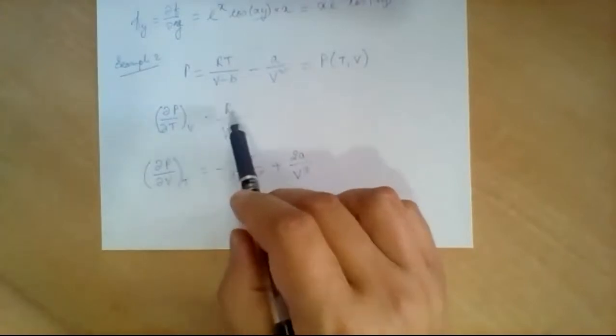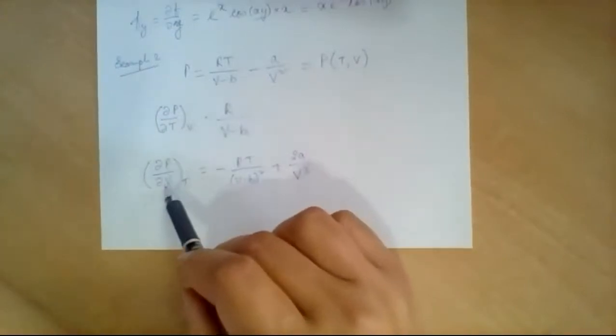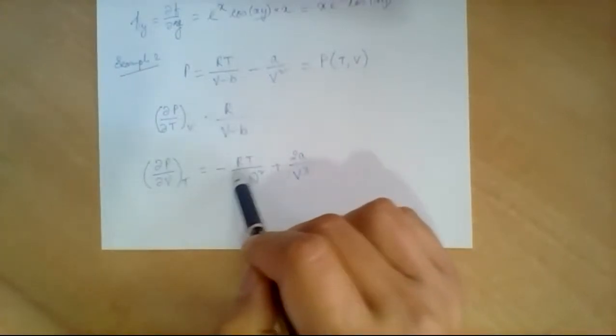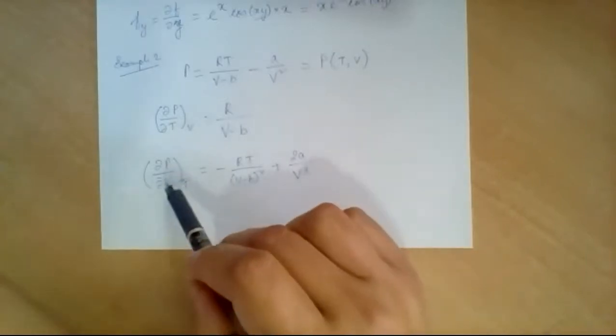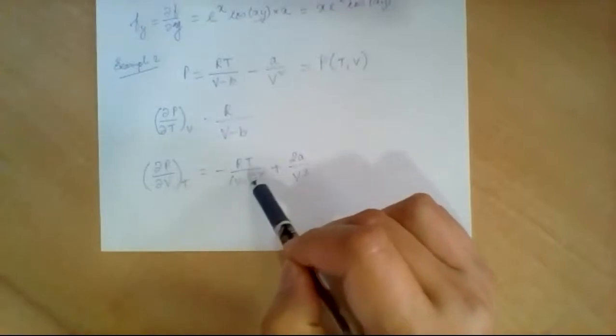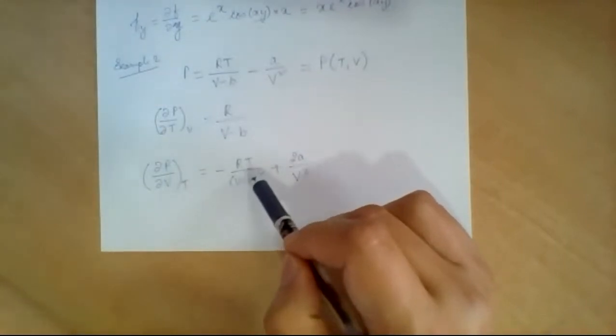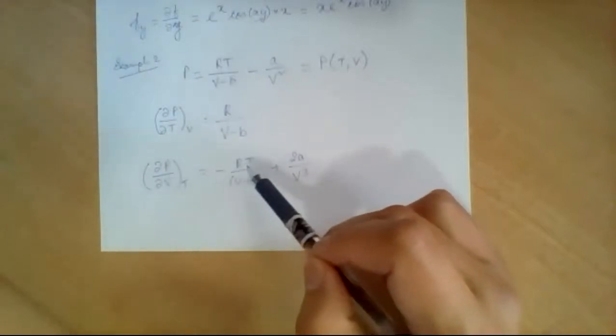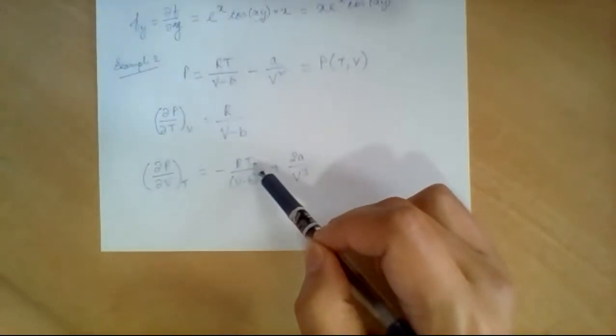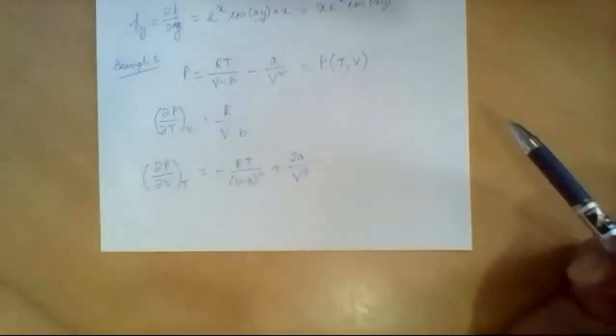Del P by del T is R by V minus B. Del P by del V is minus RT by V minus B whole square plus 2A by V cube. So the partial derivative of P with respect to V is again a function of temperature and volume.